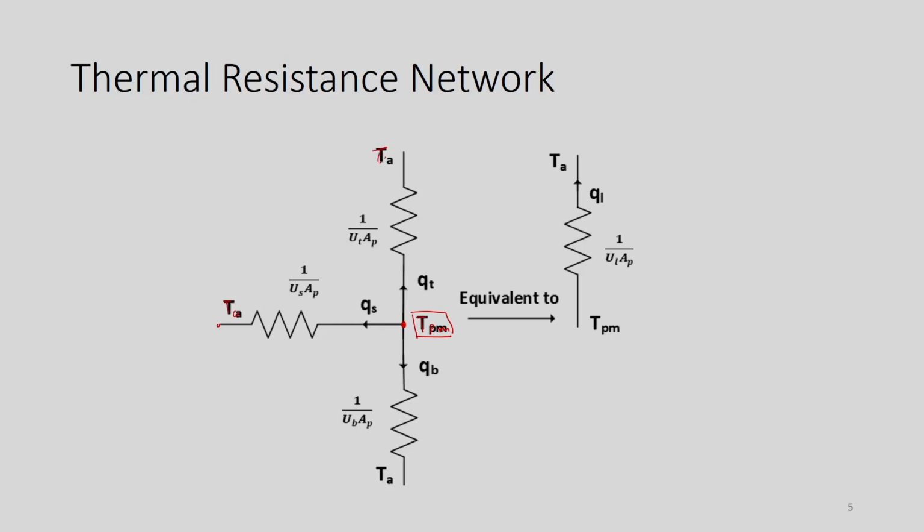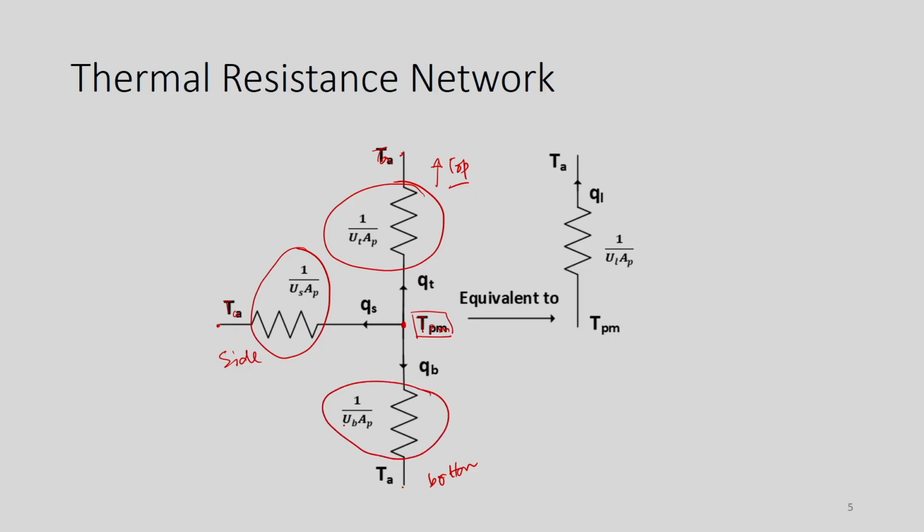In all the cases it is ambient. This is towards top, this is side and this is bottom. So, heat loss will take place from this plate to the sides, plate to the top, and plate to the bottom. So, these are the thermal resistances. We can express in terms of thermal resistances.